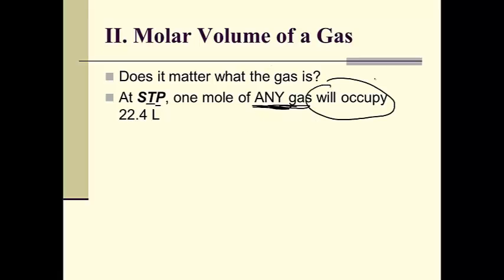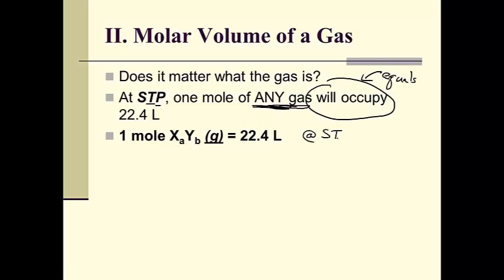Now going back to chapter 2, this term here, will occupy, means equals. So you have an equality. 1 mole of any gas, as long as it's at STP, is equal to 22.4 liters. So you can do an equality between moles and liters. So now you can do dimensional analysis.